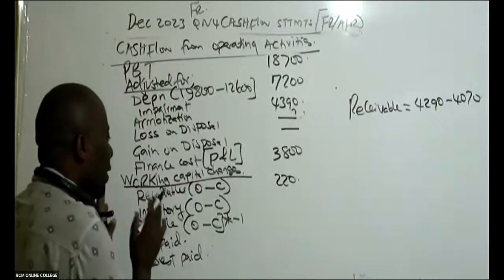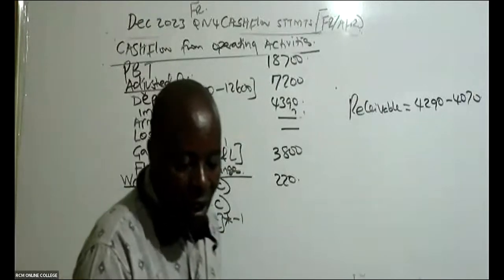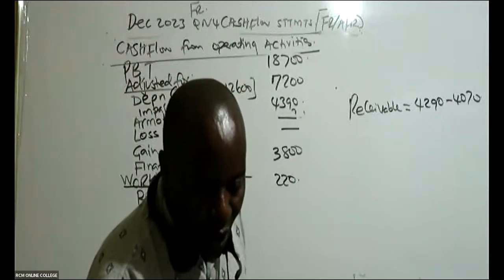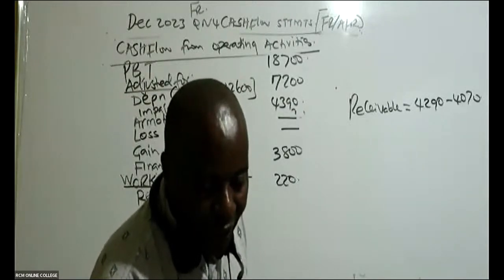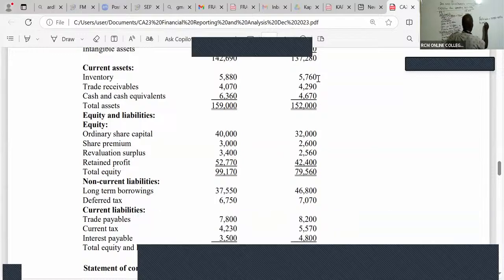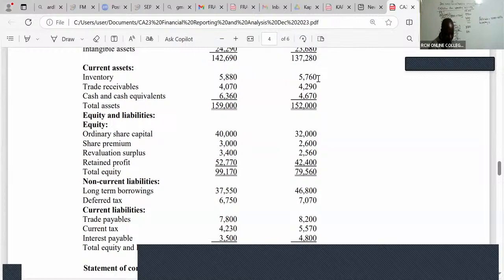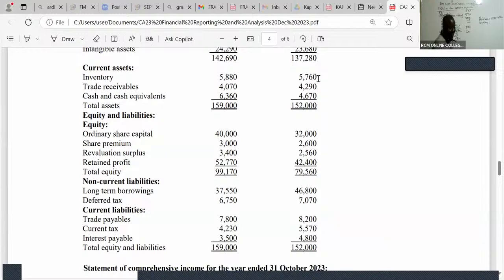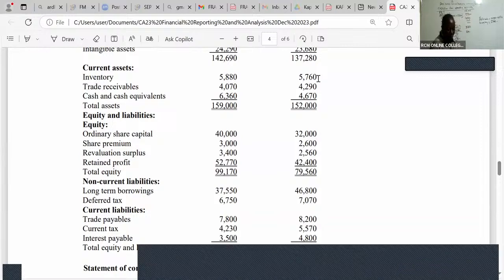Then you go to inventory, you do the same. It's a working capital change. So under inventory, we have here 5760 opening minus 5880 closing.